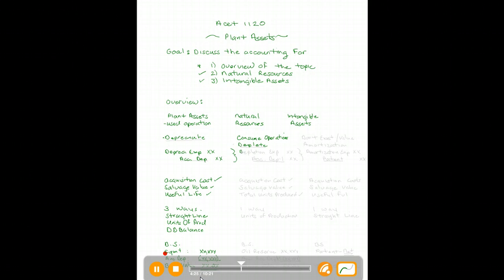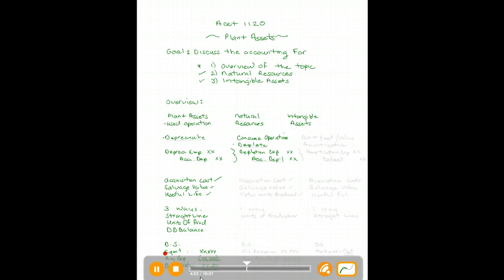We're going to say depletion expense, and the contra account we'll use is called accumulated depletion. I better put an L on it so you can tell it's different from accumulated depreciation. So we don't depreciate it, we deplete it, but we make a similar entry.